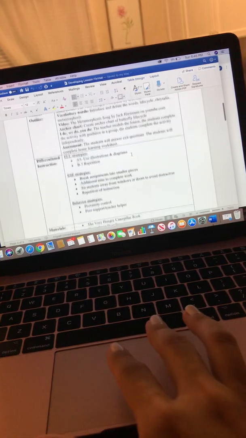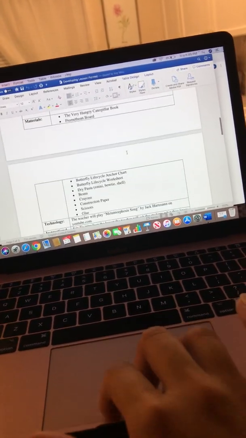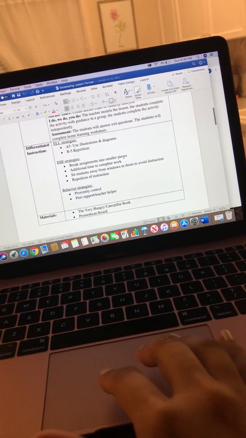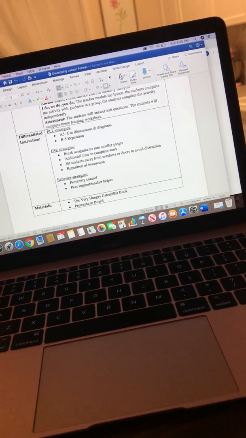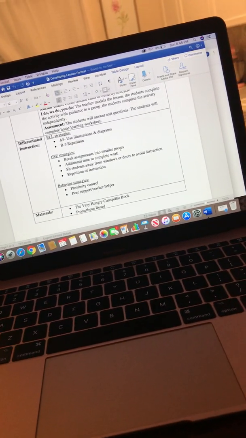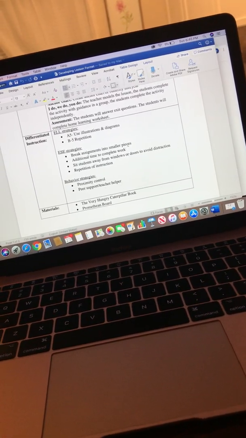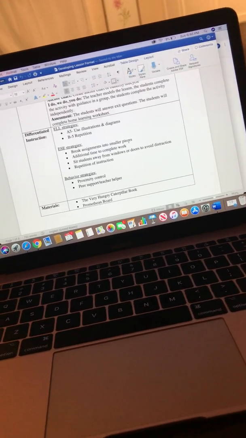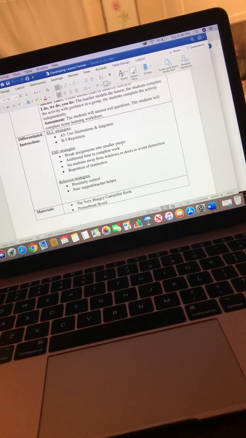One of the things that the professor asked me to edit in my lesson plan was to add some more differentiated instruction strategies. Now, unless a student actually has an IEP or 504 with those accommodations listed, you really have to go in and research what you can do for those kids if they don't have that 504 or that IEP or that BIP. Unfortunately, if these students are not labeled, we cannot give them those accommodations in the real classroom setting.